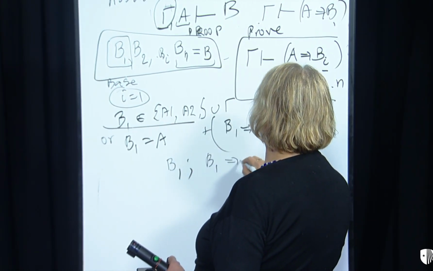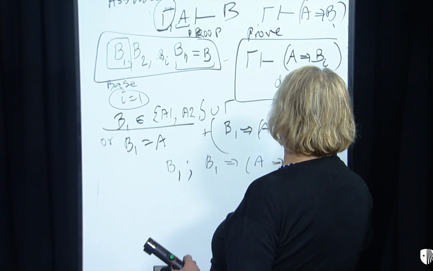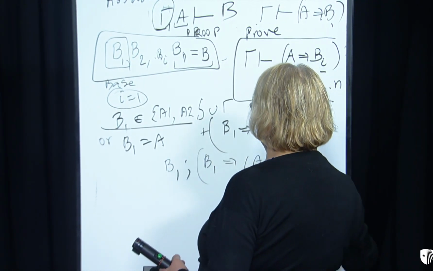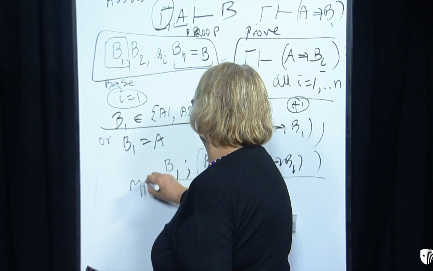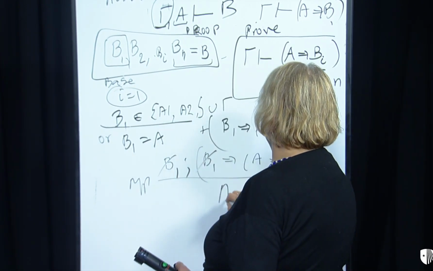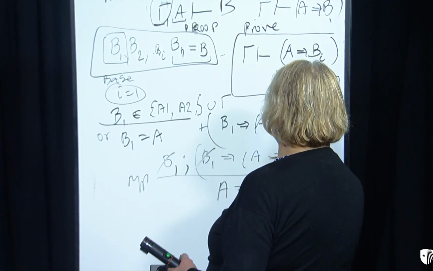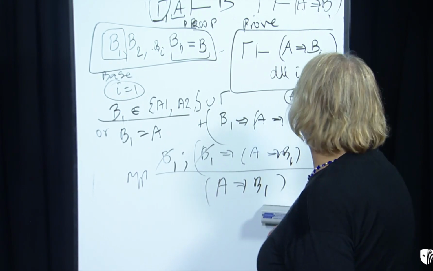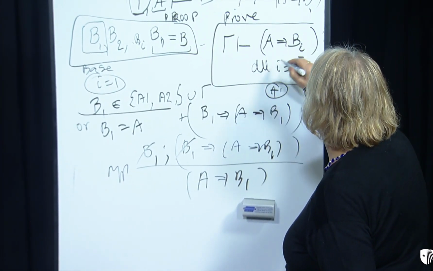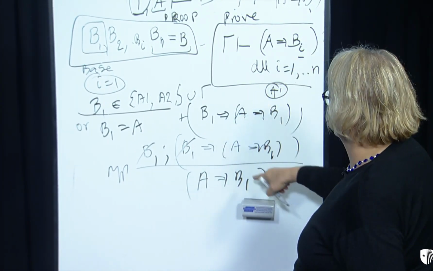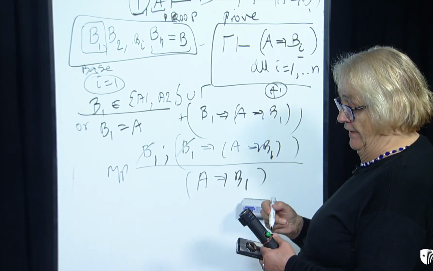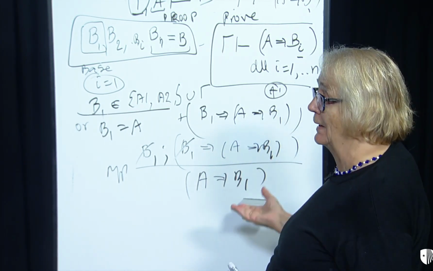I apply modus ponens, and B1 is cut, and I have A implies B1. For i equal 1, I constructed a proof of A implies B1.